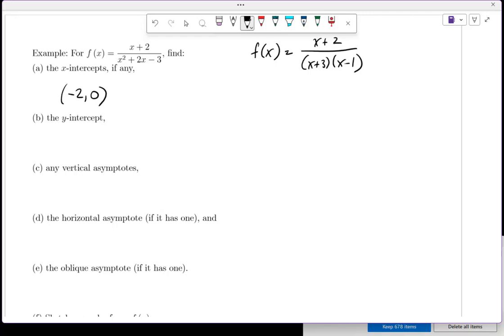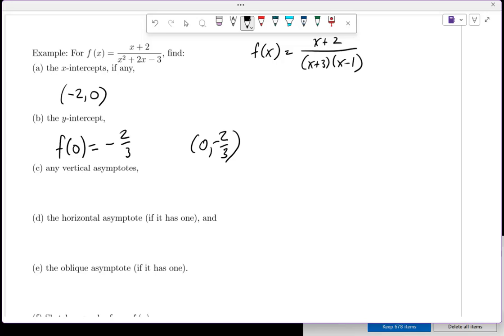Okay. Y-intercept. How do you find the y-intercept? Put 0 in for x. What do you get out when you plug in 0 for x? -2/3. Good. So our y-intercept will be (0, -2/3).